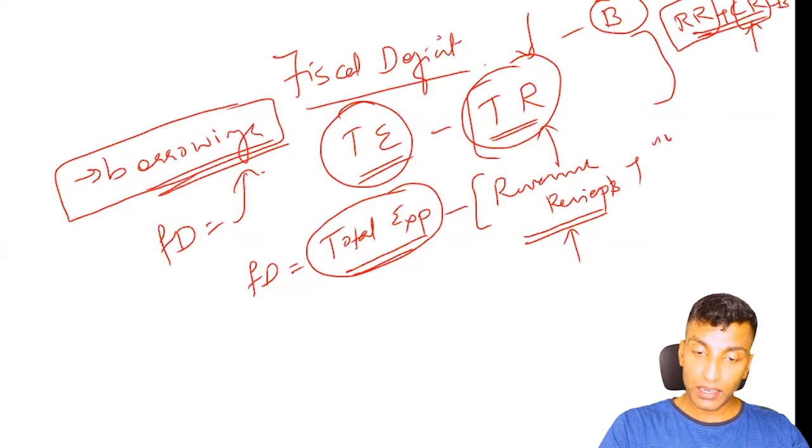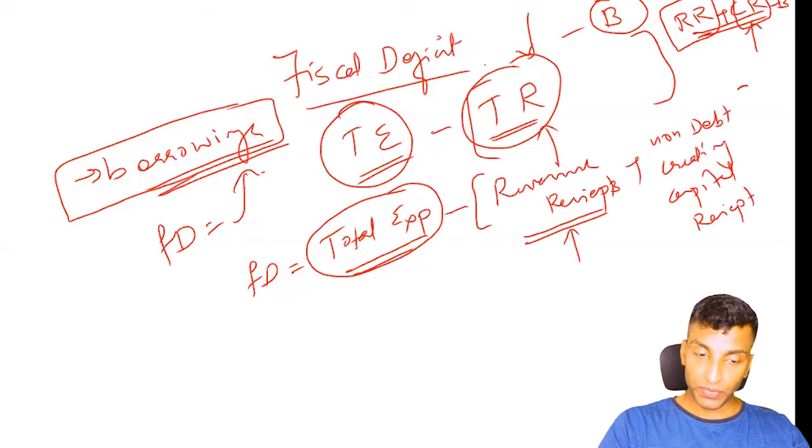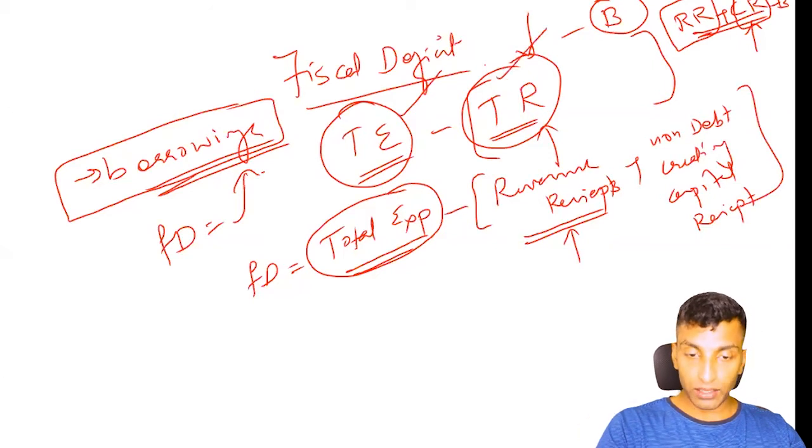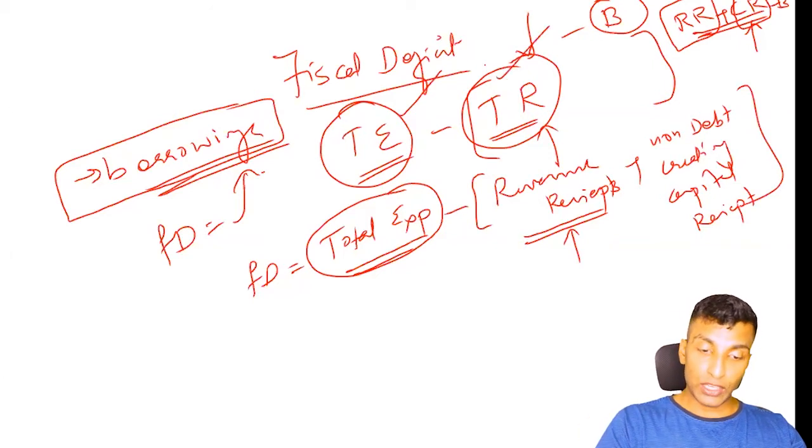So just write here non-debt creating capital receipt. Do you understand what I mean by this? Simply, fiscal deficit means total expenditure minus total receipts excluding the borrowing part, right? So total expenditure, exactly that I've written.